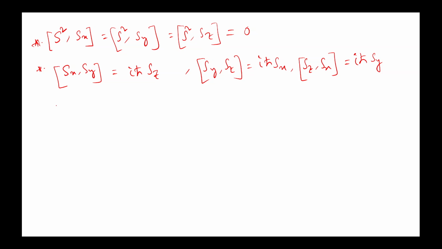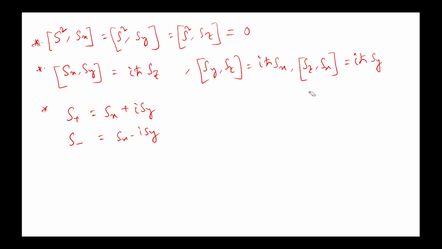In this regard, I will define the operators called S plus, such as Sx plus i Sy, and S minus as Sx minus i Sy. Now I will write this S plus and S minus in this SMS basis, their operator form, and from there I am going to derive the matrix form of Sx and Sy.